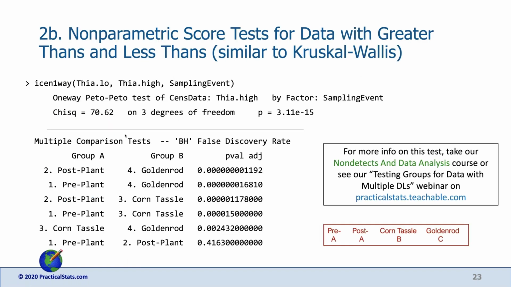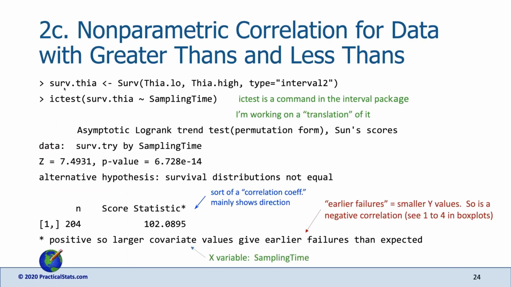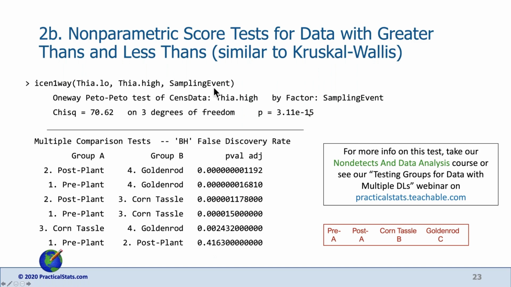So let's do them. Here's the ISEN one-way command. This is underneath using commands in the interval package. But what I've done is made the output more easy to understand, and I've added in a sequence of multiple comparison tests. If you don't know what multiple comparison tests are, a previous webinar talked about those, and it's up on the training page, and you can go for free and take a look at how multiple comparison tests work.